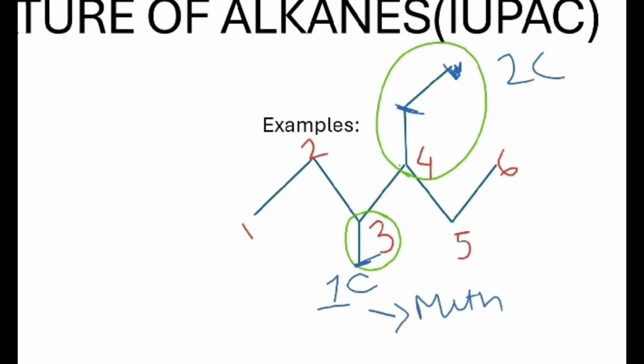Now, note that while writing the names of the branches, we have to add yl, okay, and they should be named alphabetically, and this is our fourth rule.